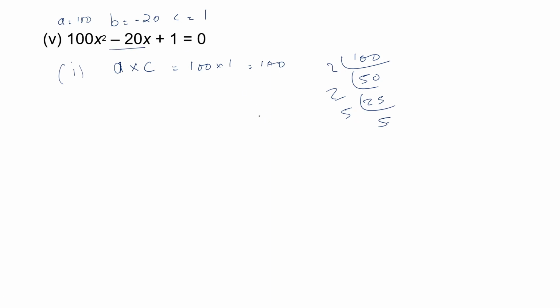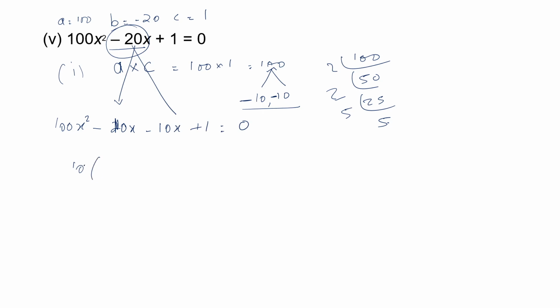So which 2 can I take? I can take 10 and 10. Yes, because if I take -10 and -10, I will get -20, and if I multiply I will get 100. So this can be split as 100x square, and I'm splitting -20x as -10x -10x plus 1 equal to 0.